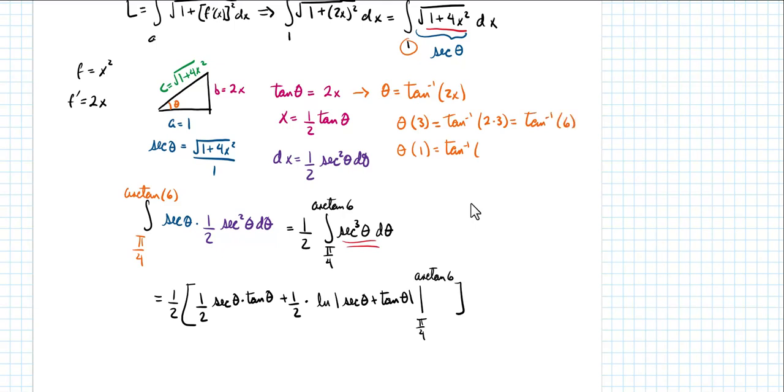And this one is the tangent inverse of 2 times 1, which is the tangent inverse of 2, which makes things worse, because this is changing our limits into values that are not that nice. So here we have the arctan of 2. Now, once I plug everything into my calculator, I get approximately 8.268.